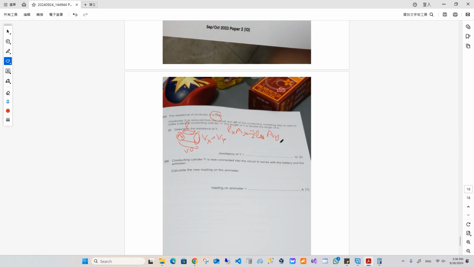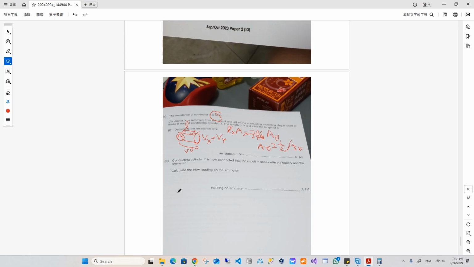So length X cancels, and I have AY equal to half of area X. So my length doubles, my area has to be half.